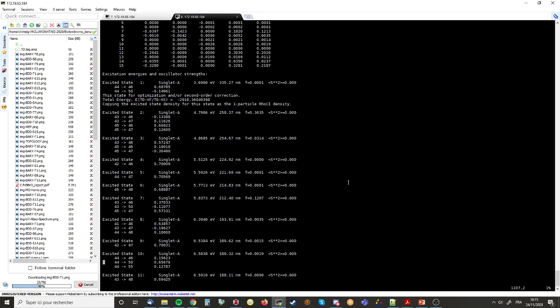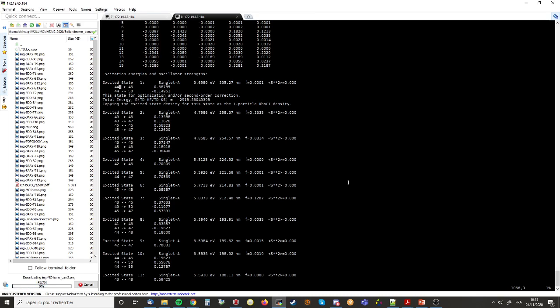So you see in Gaussian you have the details in the log file of the energy, the wavelengths, and you have the linear combination of transitions.